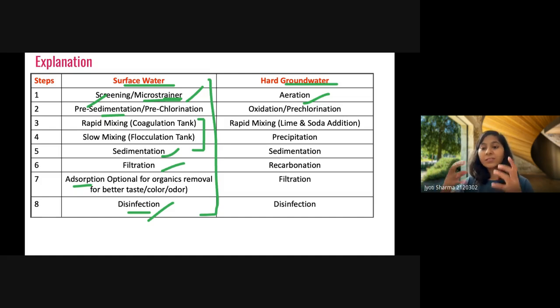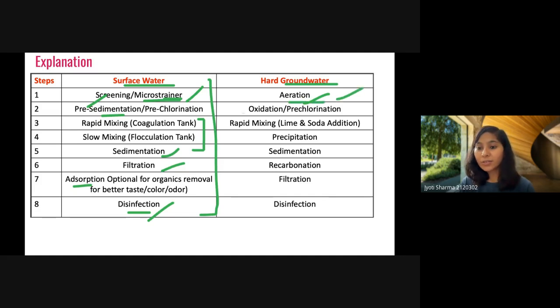If we give some air to that groundwater, then some of the volatile organic compounds that we may have can go out into the atmosphere, and this is how we can remove volatile organic compounds from our groundwater. Because under pressure in groundwater, we may have such gaseous pollutants. So the first step will be aeration.